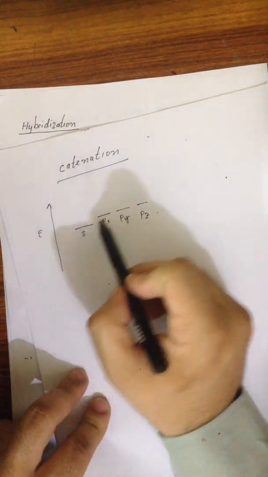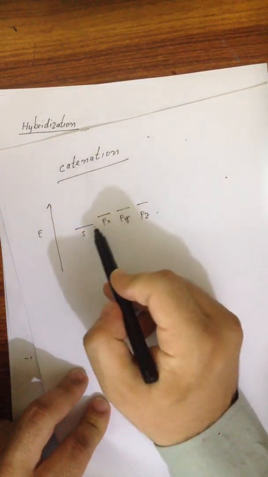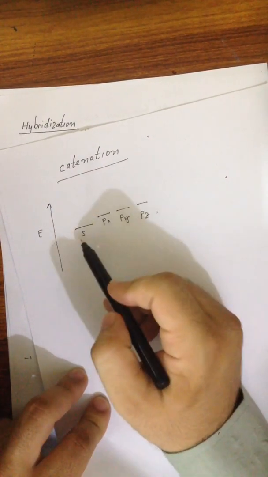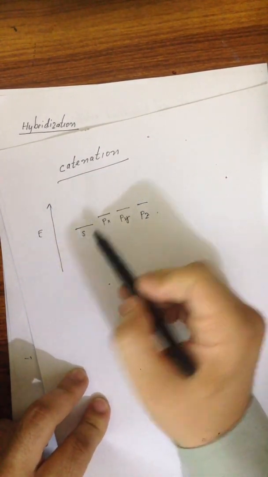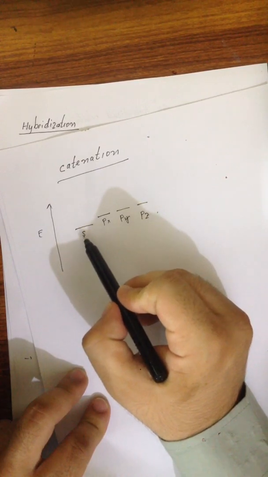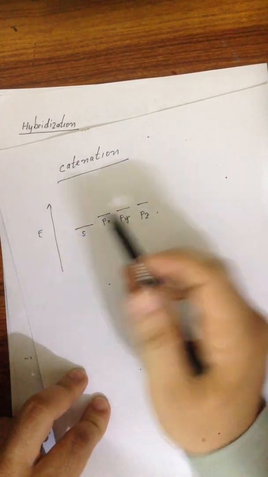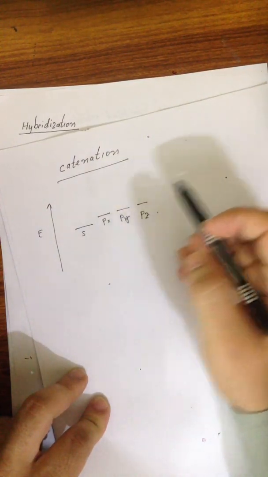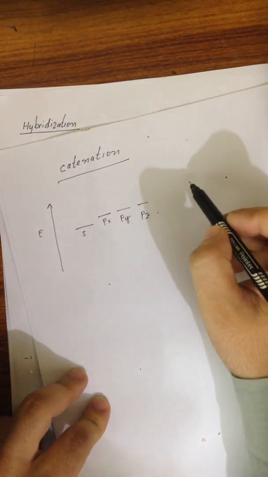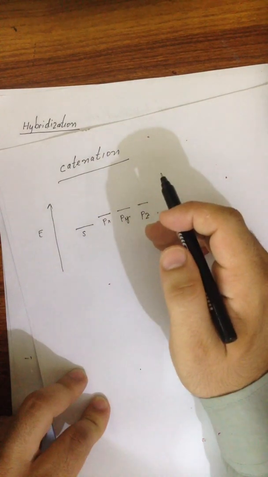You can see there is a very little energy difference between these orbitals. So it is possible that the s orbital and the three p orbitals mix with each other, and they give rise to completely different orbitals.